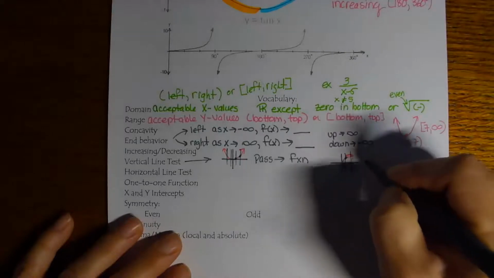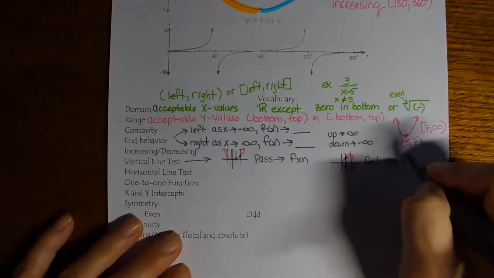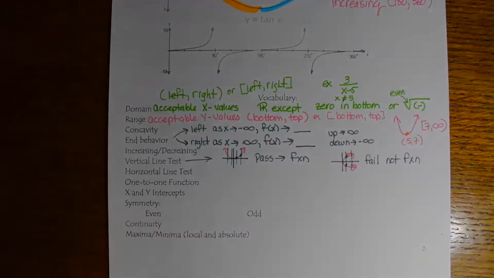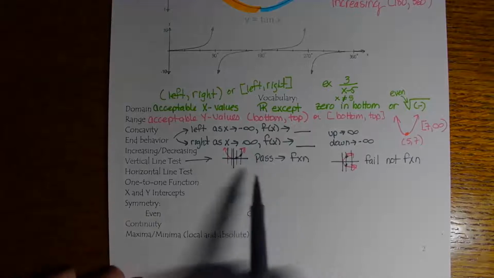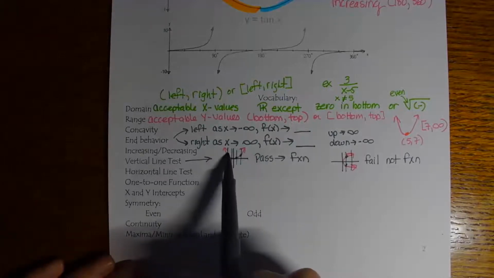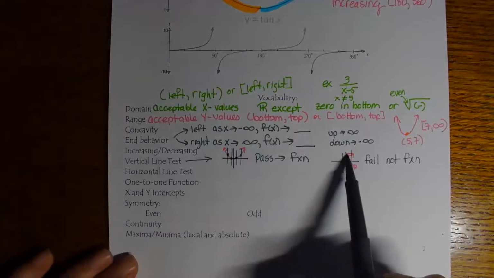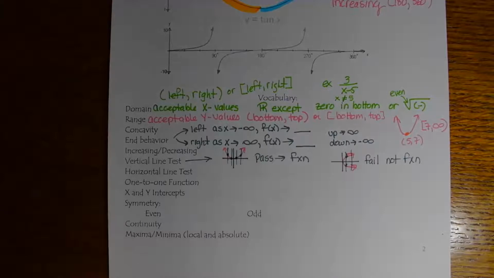Touches it twice, fail, not function. Everyone's familiar with that, right? If you can draw vertical lines through a graph one time, and it only hits the graph in one dot, it's a function. If one line hits the graph twice, you're not a function.